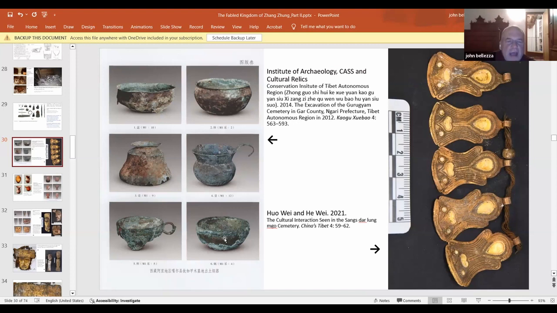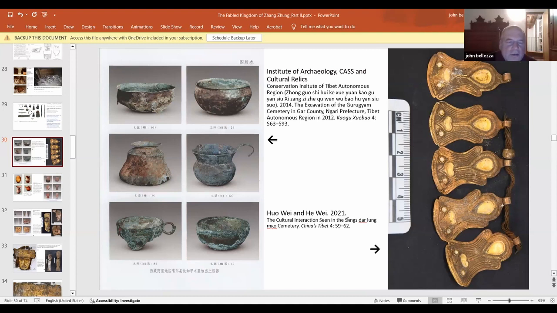So we see a variety of metallic vessels that were used, which gives us an inkling of the richness of the material culture of 1900 years ago. On the right is from Sangdarlung, which was discovered more recently, which is the most extensive pre-Buddhist cemetery that has been excavated to date in far Western Tibet.